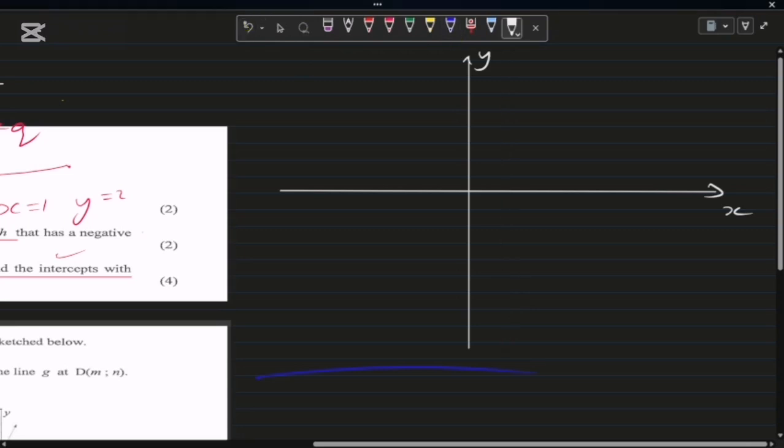Okay, that's better. y is 2, so I put y is 2 there.